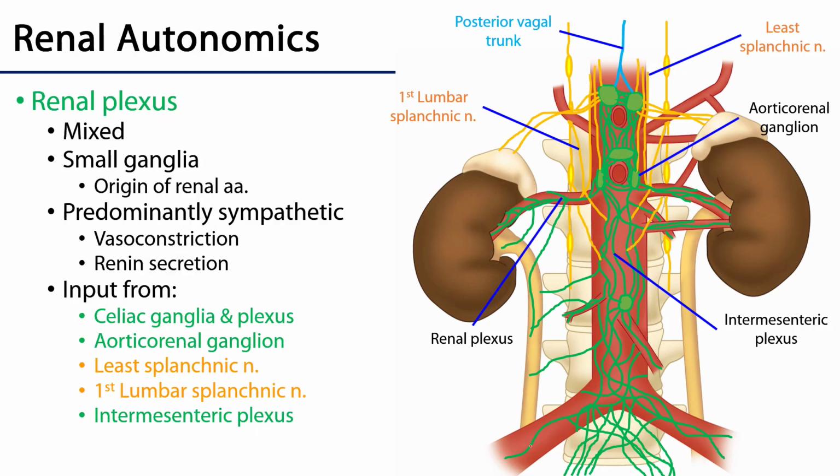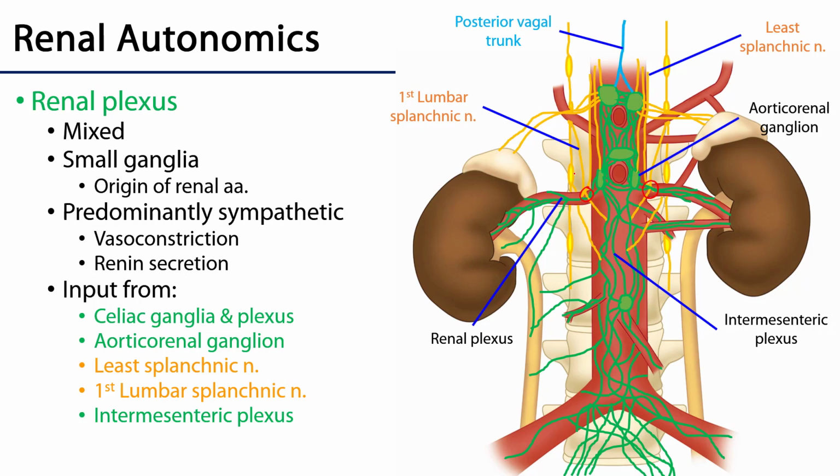But let's focus now on the inputs to the renal plexus. Again, mixed plexus, it's showing up as green. There are small ganglia associated with these plexuses, and they're typically found just posterior to the origins of the renal arteries. So you can find them just beyond those arteries. We can't see them in this illustration.